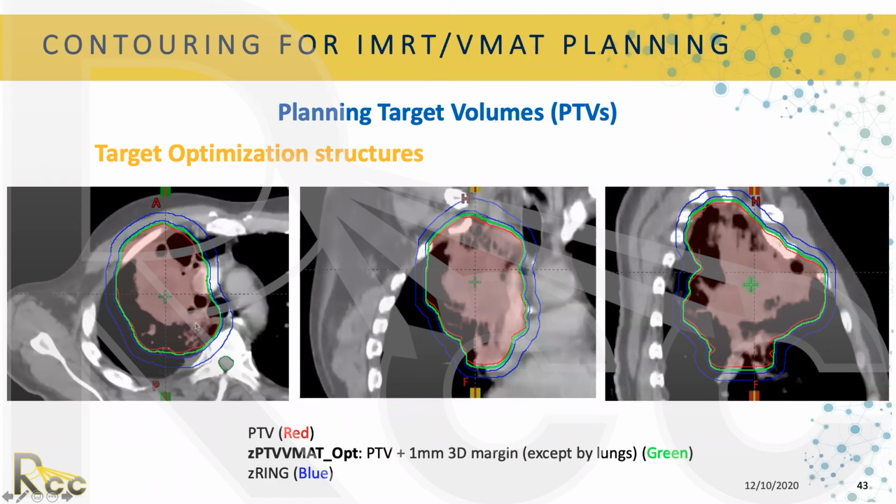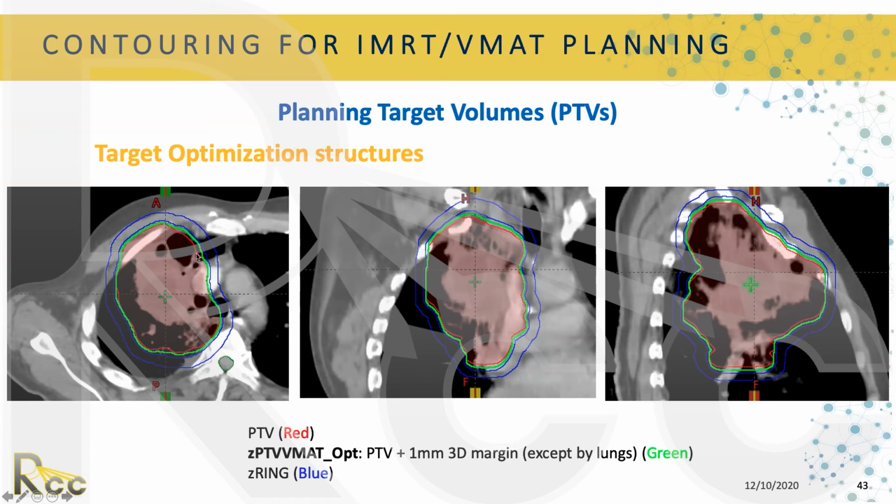For lung cases, sometimes the contours are very regular, and also you're constraining the lungs too much, so you know that you're going to be losing coverage. By the lung, because of the constraining, the coverage is not going to be that great, but you want to make sure that you cover very well in the areas that don't have that lung tissue interface. So that's why we create that 1 millimeter margin.